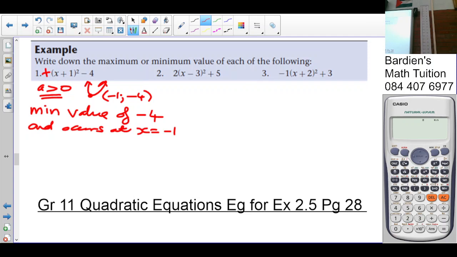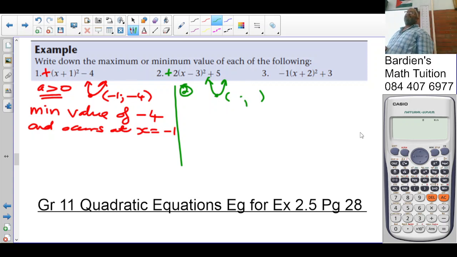Right, you guys understand? Let's look at number 2. What do we say about number 2? This is also positive. So with this graph, we have a minimum or maximum value? Minimum. Graph is smiling. So what is the coordinates of that point? Who can give me the coordinates of that point? It's going to be 3 or negative 3? 3 is going to be the additive inverse, yes?